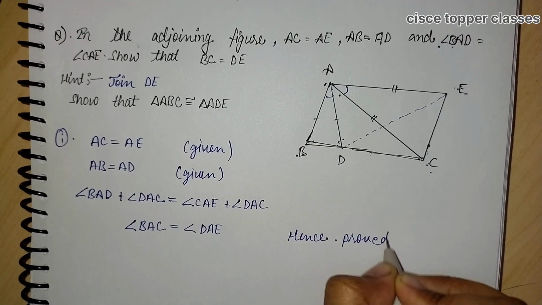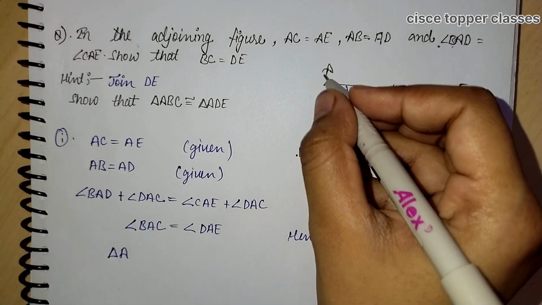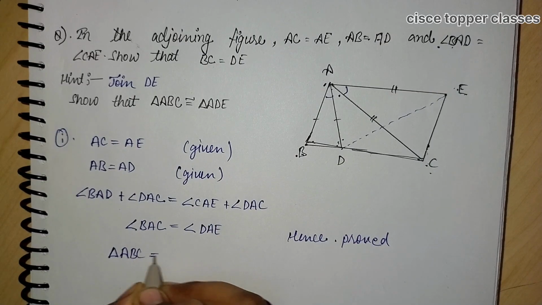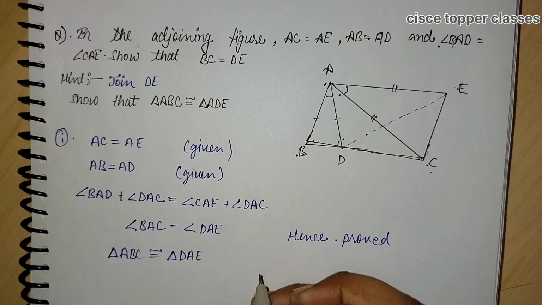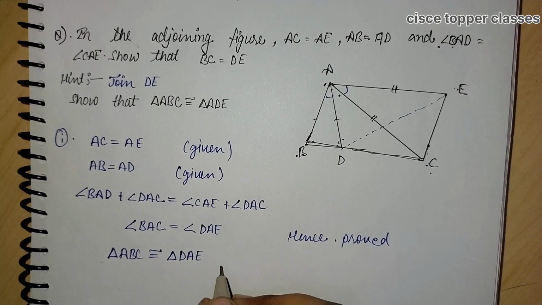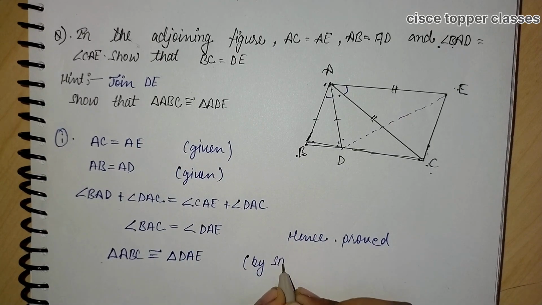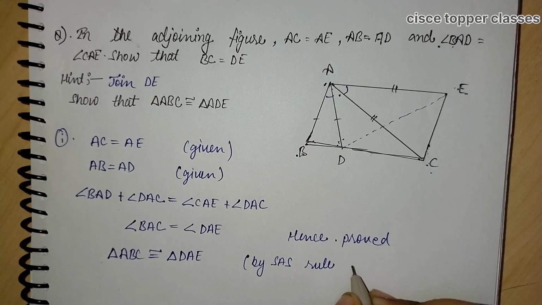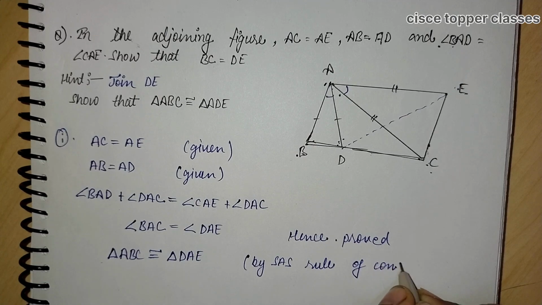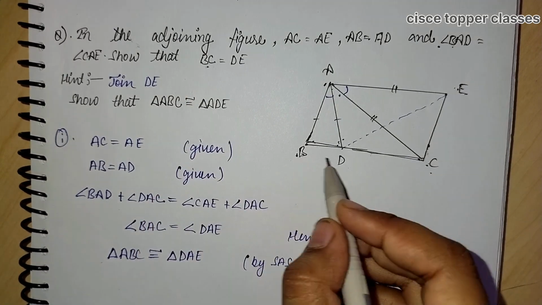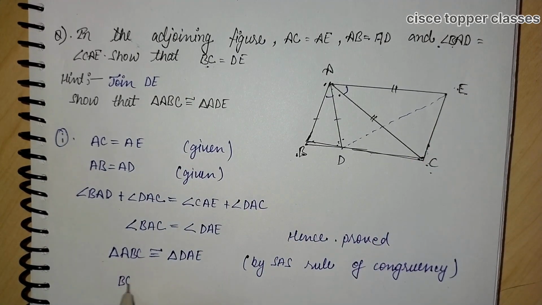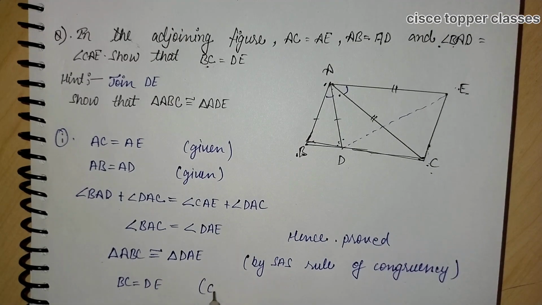Hence proved that the triangle ABC is congruent to triangle DAE, means this triangle. So from here we have proved that these two triangles are congruent by SAS rule of congruency, because the angle which is included here is the included angle. So now simply we can prove that BC is equal to DE because of CPCT in the two triangles.